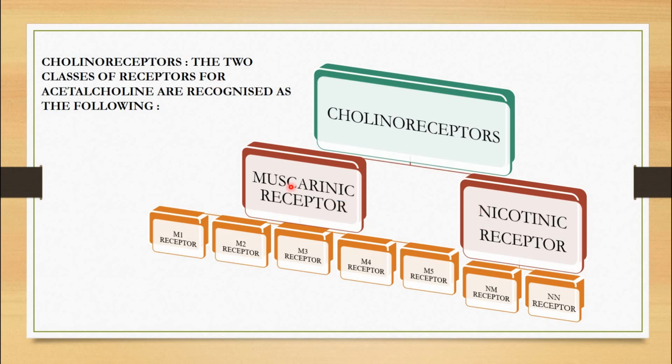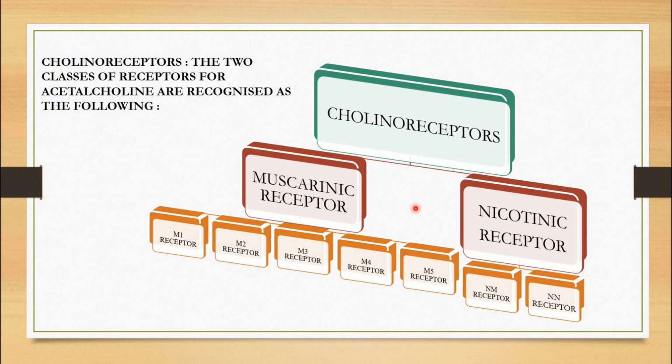The two major types are muscarinic and nicotinic. Muscarinic is divided into 5 major types, that is M1, M2, M3, M4 and M5, and nicotinic is divided into NM and NN receptors. Now for this concept of receptors, 3 things we need to study.